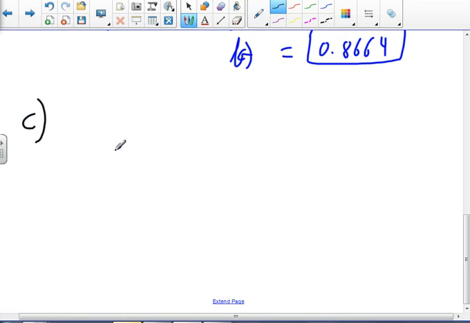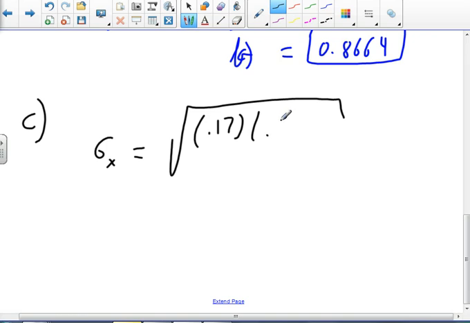So C. I want this again: the square root of 0.17 times 0.83 divided by 1,600, which is 0.00939.